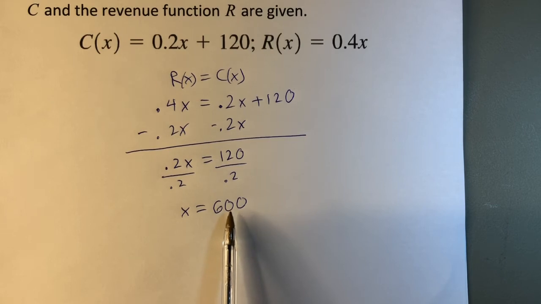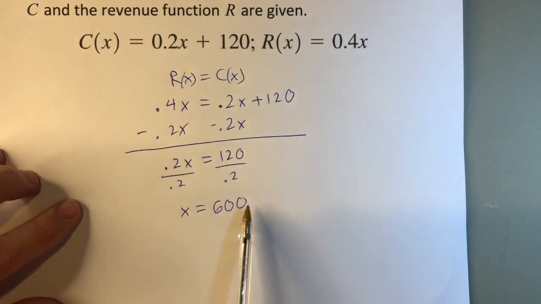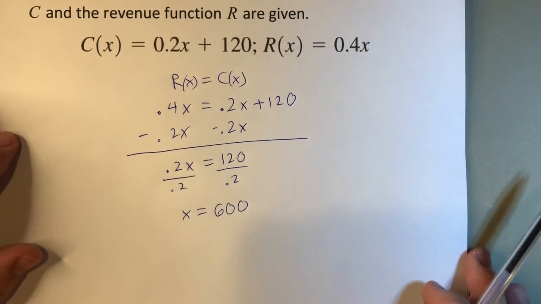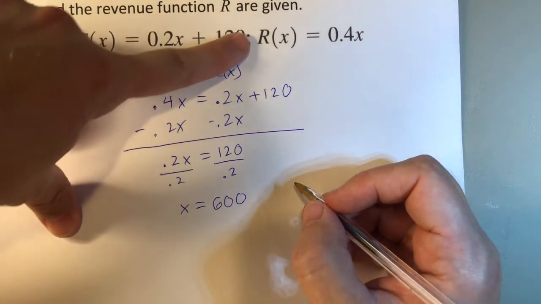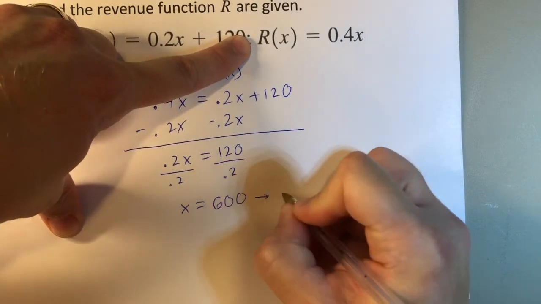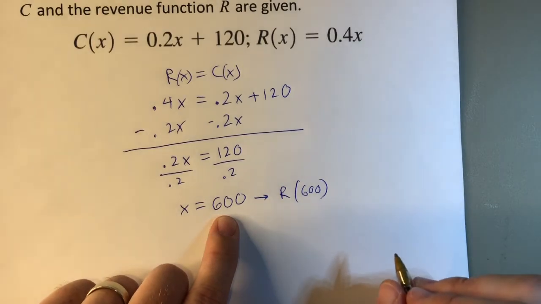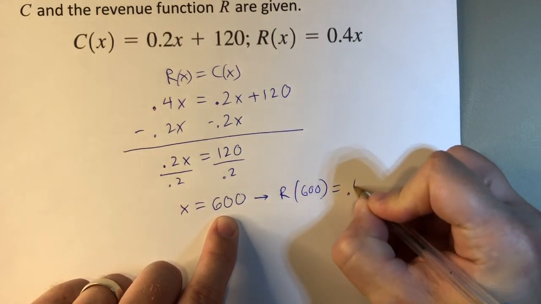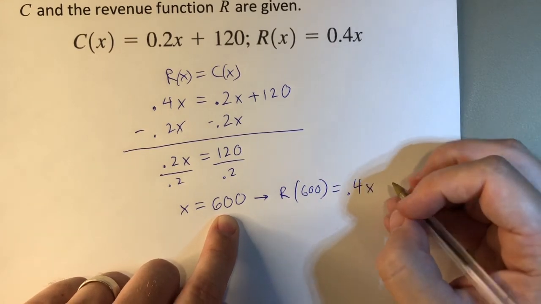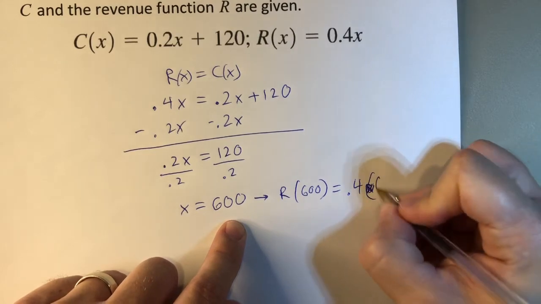So what is the actual break-even revenue, or break-even outcome from this? How would we figure that out? All you have to do is plug this back into revenue. So R of this number of units, 600 units, is going to be equal to what's called your break-even revenue. So this X should not be an X. This should be 600.